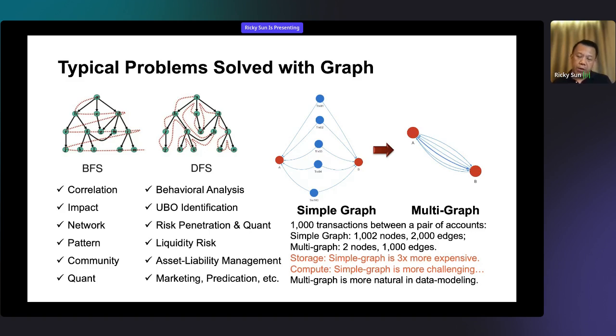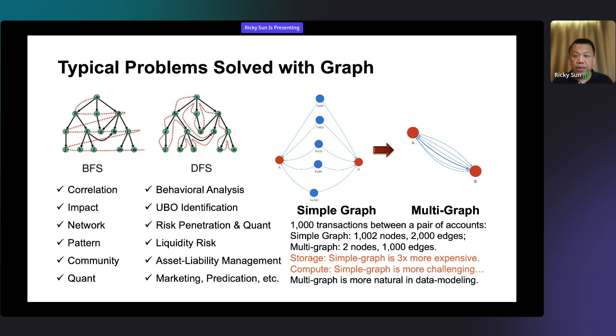On the other hand, multigraph is more natural to human beings in terms of data modeling. If you have multiple transactions, use an edge to represent a transaction, and naturally, transactions map to edges. But in simple graph, as you can see, transactions are all modeled as entities, which is quite counterintuitive. Given the time restriction, we're not able to expand fully on this topic.